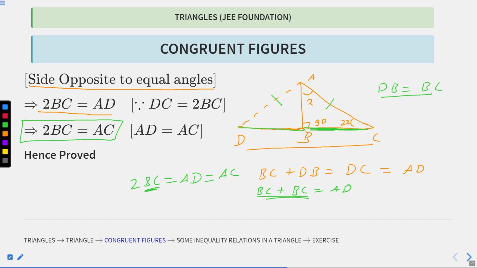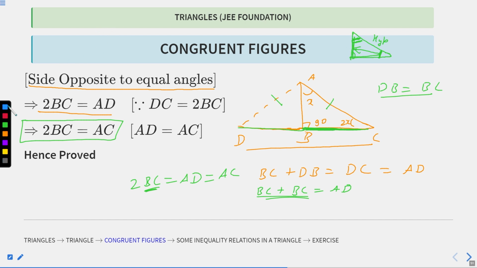This was my smallest side. If you recall why I am saying this is my smallest side: in a right angle triangle, this is my hypotenuse, my biggest side. And the larger the angle, the larger the side opposite to it, compared to the other side.